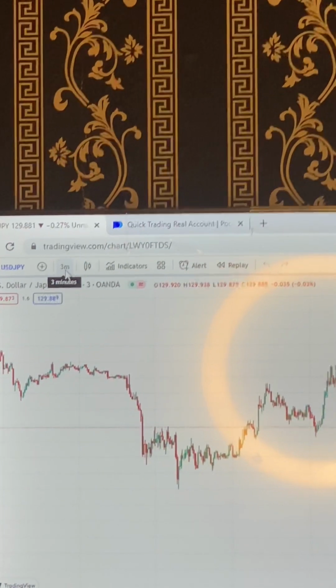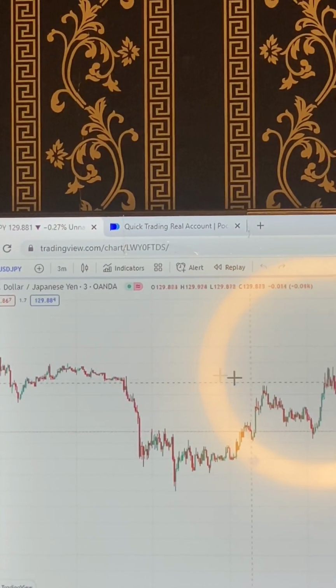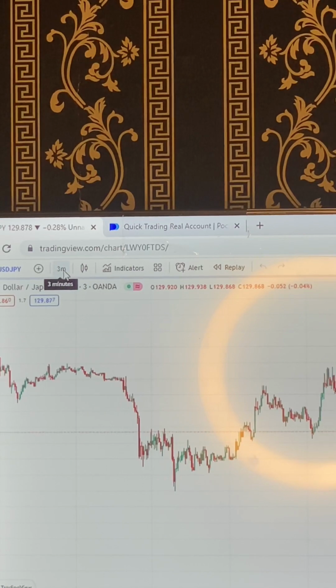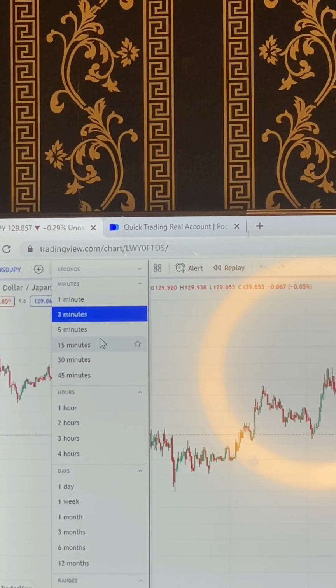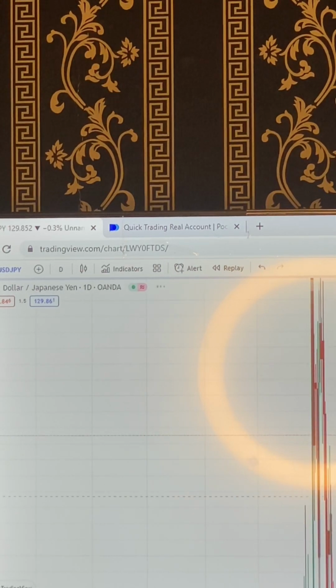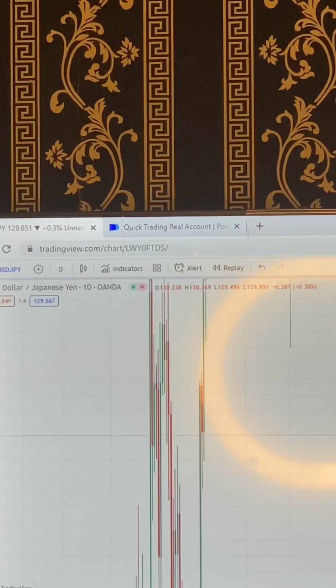Okay guys, here are the various time frames we have in TradingView. In TradingView, you click on this time section, and you have the monthly time frame, daily time frame, hourly time frame, minute time frame, and 60 seconds also. When you click on the daily time frame, it pops up with the candles.